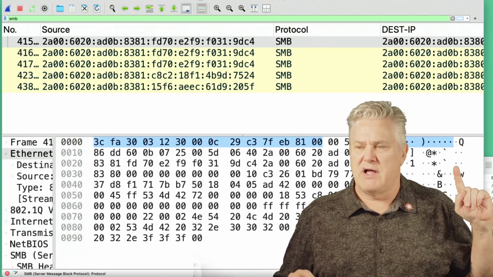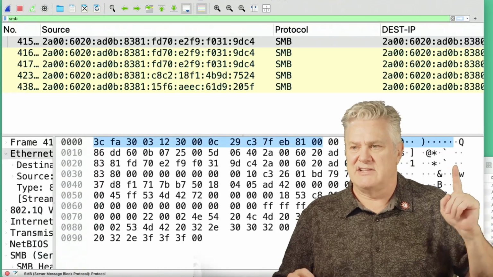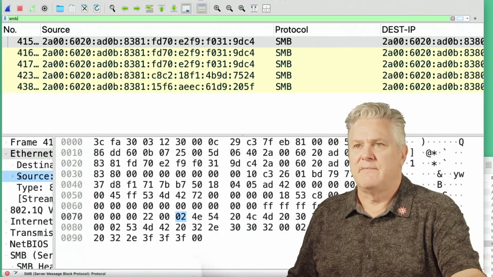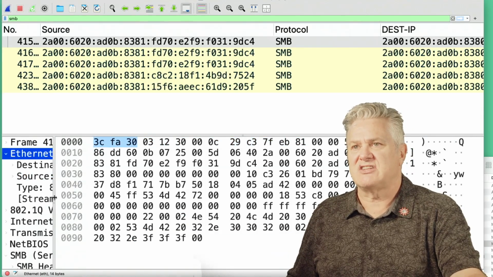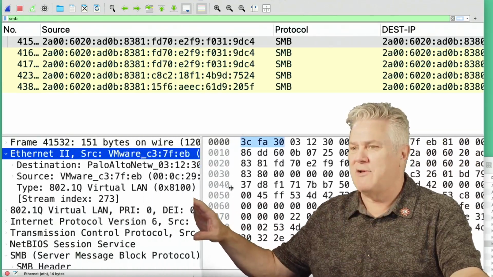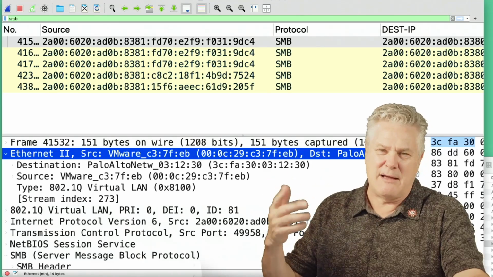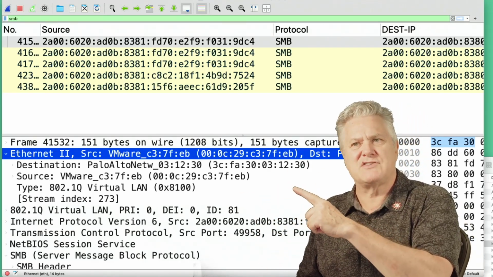I'm in a server message block message, so it really isn't going to make sense unless we look at the data inside of there. I'm looking at the Ethernet address. When we slide this panel over, because nobody wants to read the hex. Well, some people who like tcpdump like to look at it that way. I'd much rather have this interface right here.